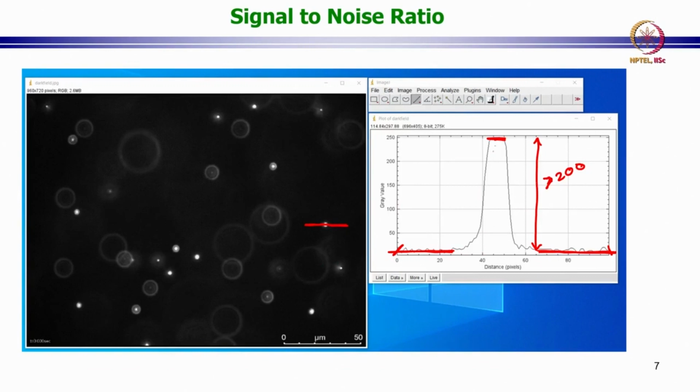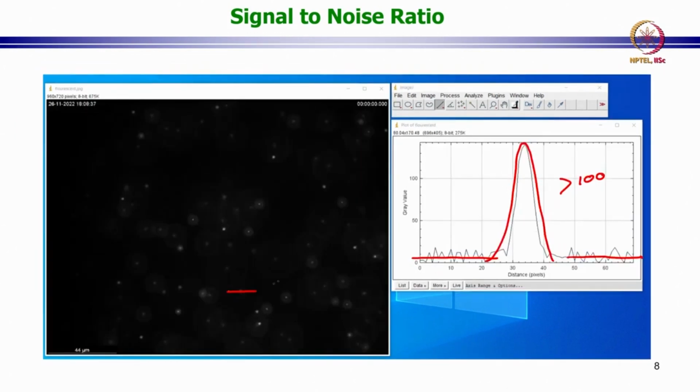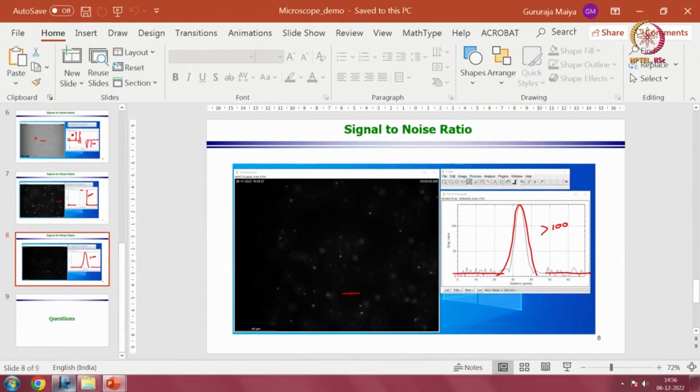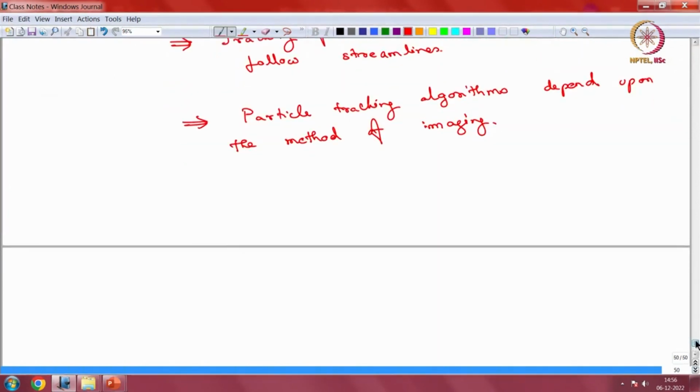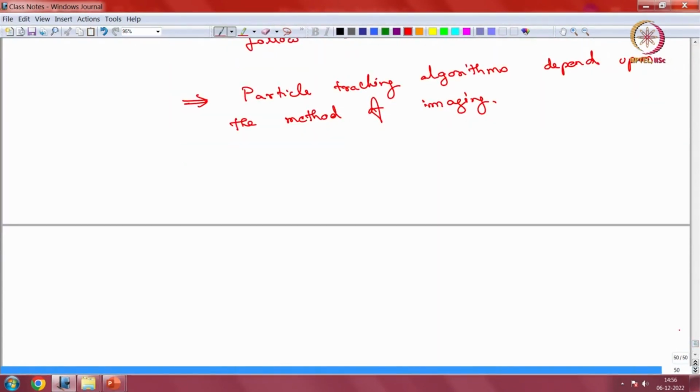It had a flat top and a very sharp rise, very low noise. And this is the fluorescent imaging case, where you have the intensity profile very nice and smooth. It almost looks like a Gaussian curve, and also it has a good signal to noise ratio. So, it tells you that different types of images can have very different intensity profiles. So, if you are tracking the particle, you must know how to track the particular particle.